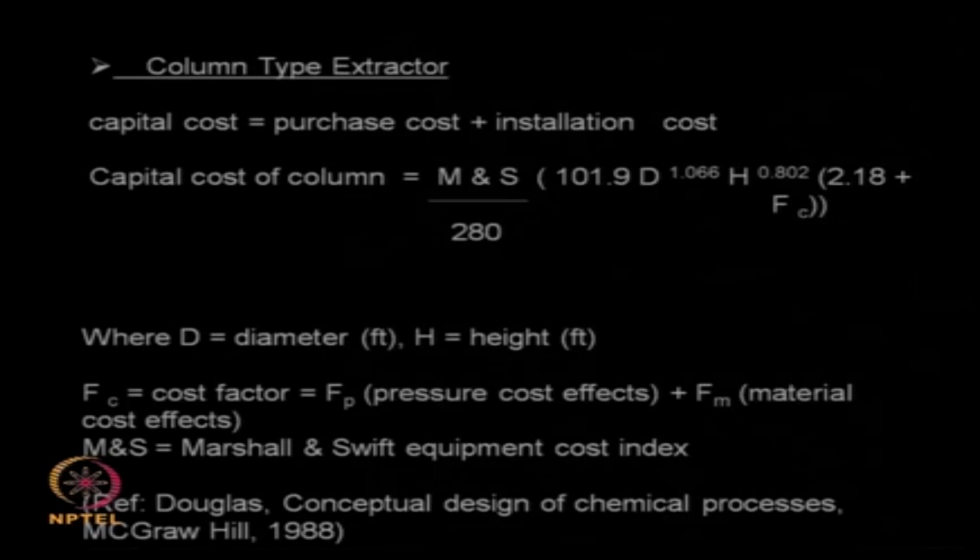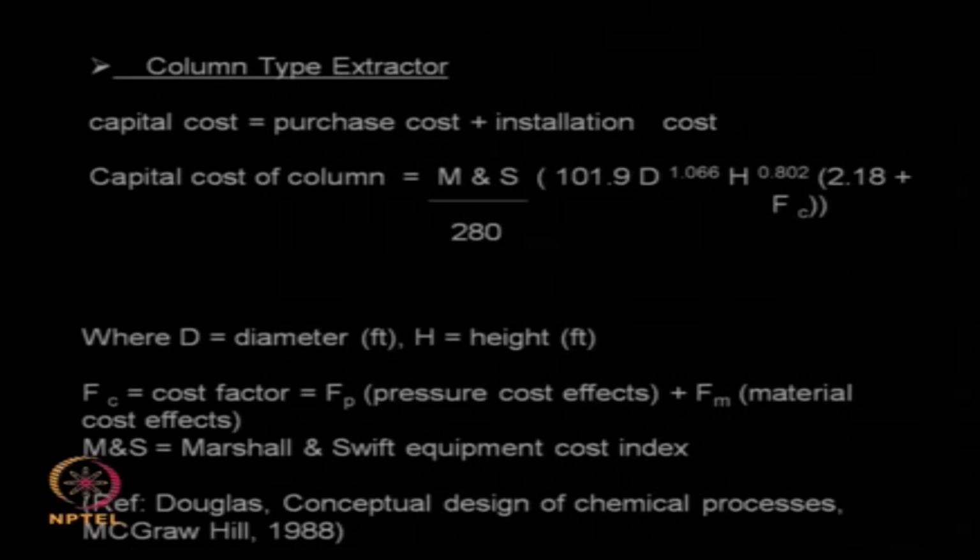Installation cost involves many factors: adding pipes, electricity, motors, utilities, making the land, making the foundation. All these costs add up, and that is how capital cost is calculated. Sometimes I may purchase equipment for rupees 1 lakh, but by the time I make it operational I may spend another 2 lakhs. So the actual capital cost will be 1 plus 2 lakhs. You need to consider the other factors also.